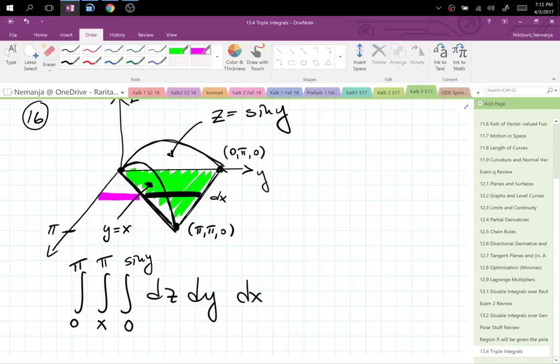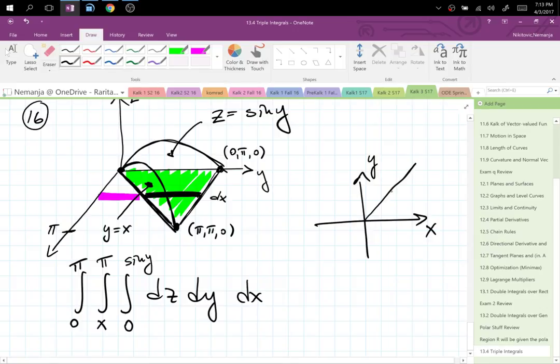Now, what do you do with this in your head? I take the XY plane the way I've been staring at it for the last 20 years, which is like this. Well, in your case, for the last 10 years. And then I draw y equals x, and I put pi over here. And then I realize that this is my green thingy.